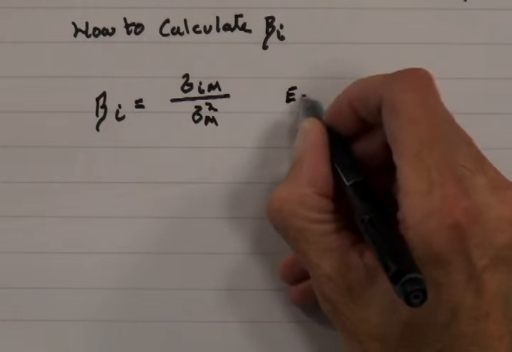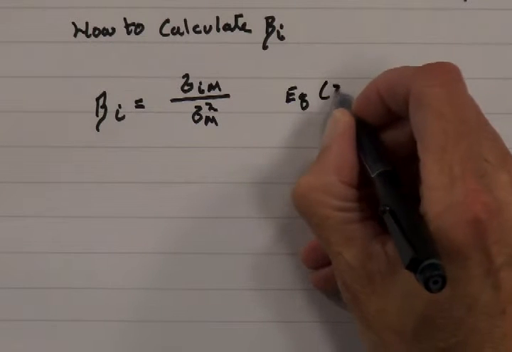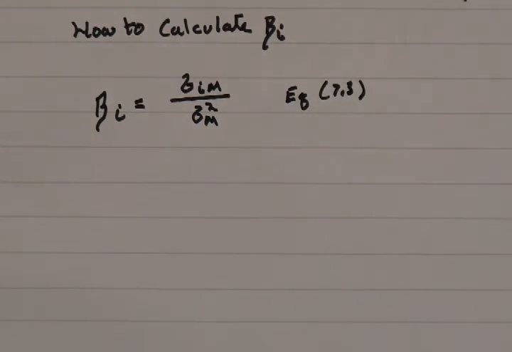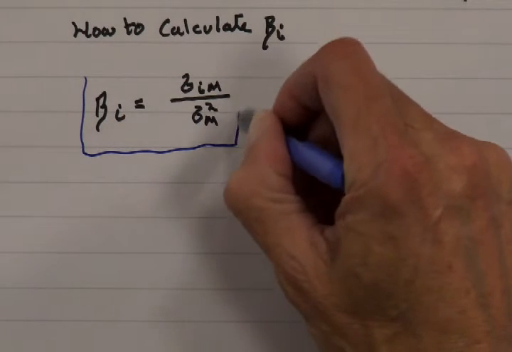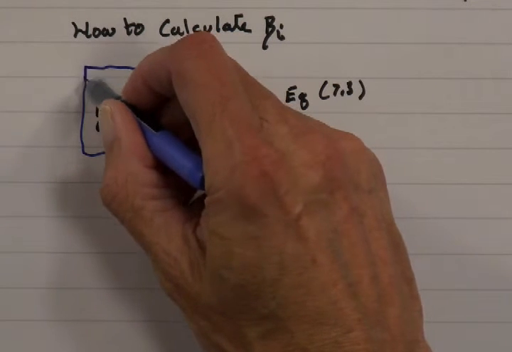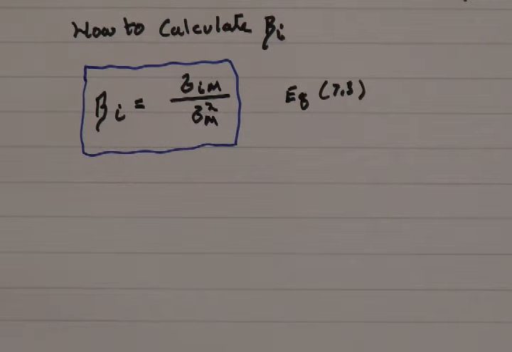This is equation 7.3. So to calculate beta sub I, you need the variance of the market portfolio, and you need the covariance of asset I with the market portfolio.